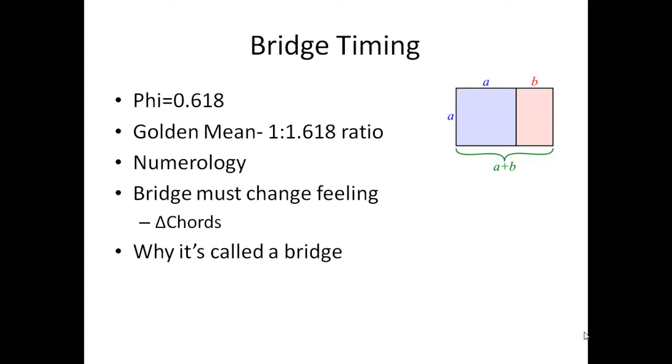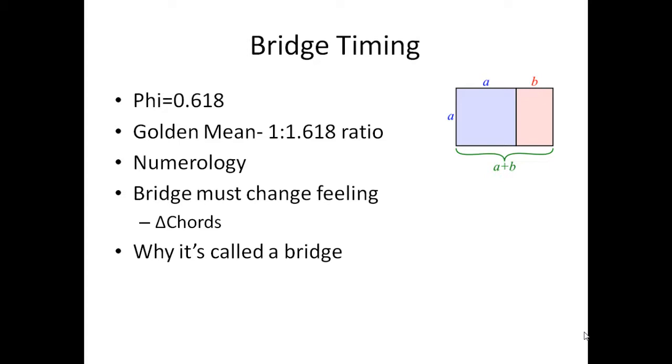In the picture to the top right, the golden mean is basically A to the ratio of A plus B. In that ratio of nature, it's a 1 to 1.618 ratio. Out of that ratio, we can extract phi. Phi is 0.618. So we'll be using that value to calculate the bridge using our formula.